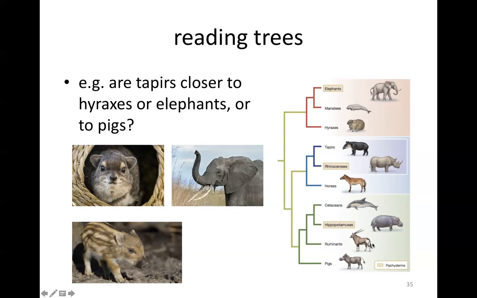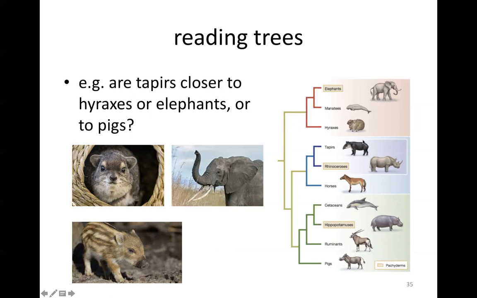These are, well, I always confuse, I'm sorry, single hooved or double hooved, whatever. And then we have this other group who are also hooved, with the horses and stuff, and then rhinoceri and tapirs. And then we have this more distant group of elephants and manatees, some weird, not dolphins, some weird marine mammal, and hyraxes.